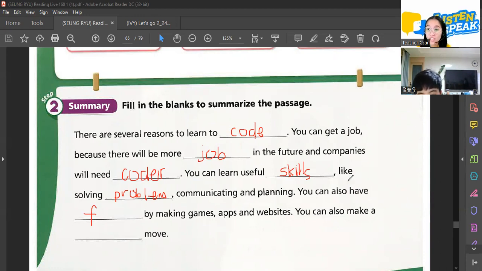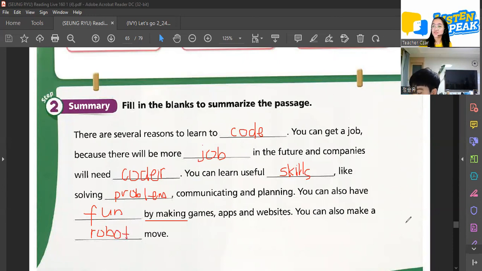The word starts with F and it only has 3 letters. Fun. You can also have fun by making games, apps, and websites. You can also make a robot move. Okay, you're very good. We are all done here.